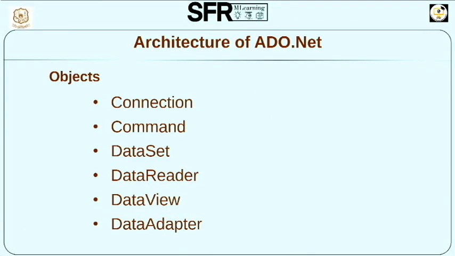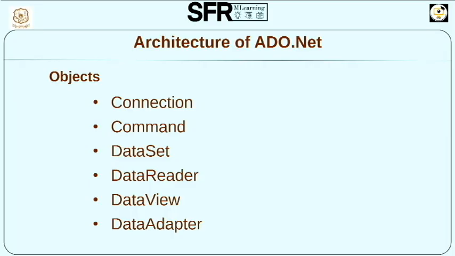The next one is the objects of ADO.NET. The first object is the connection object. It is used to talk to the database. Its properties include data source, username and password. It provides SQL connection and OLEDB connection. The second object is command, which is an SQL statement or stored procedure.